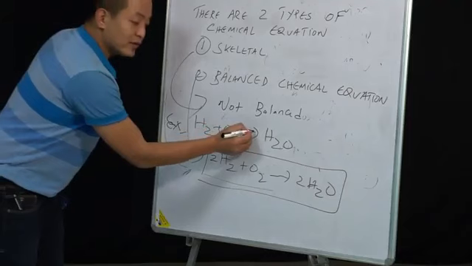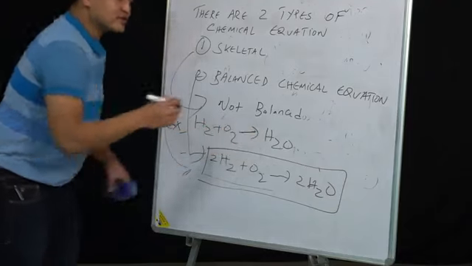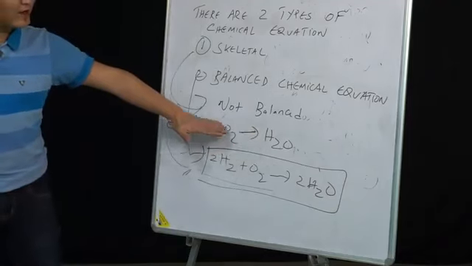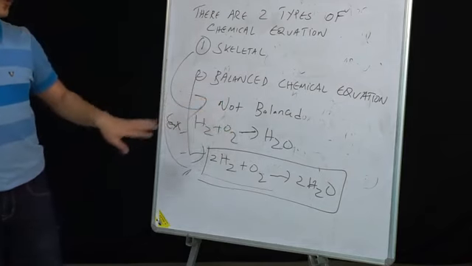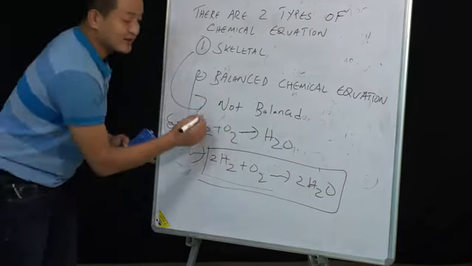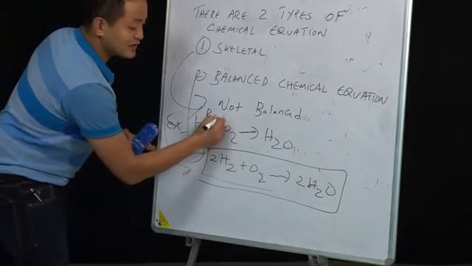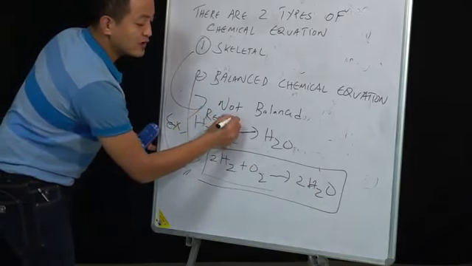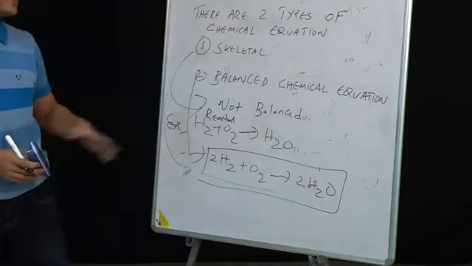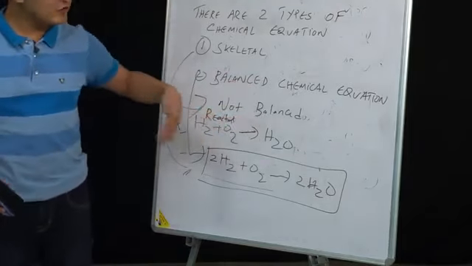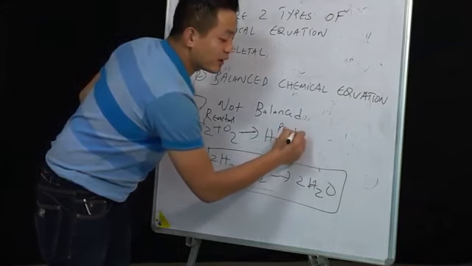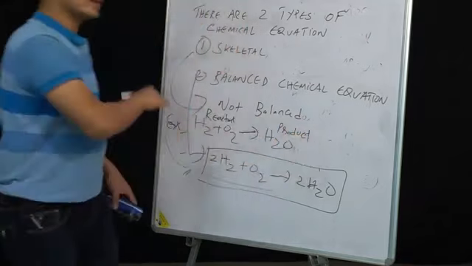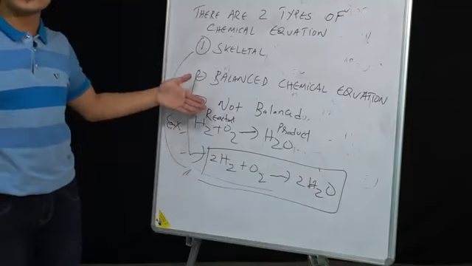But now, everyone please pay attention and look here. Whatever we have on the left-hand side is known as the reactant. Whatever we have on the left side of the equation is known as reactant, and whatever we have on the right side of the chemical equation is known as product. Left-hand side, reactant.